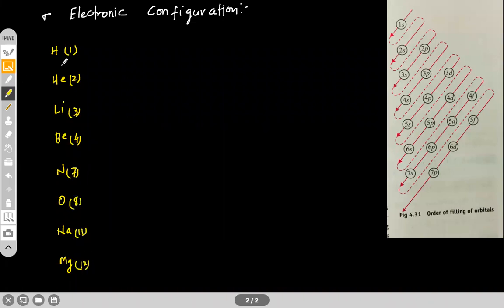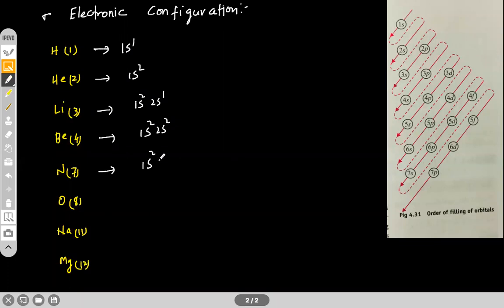Right. So if you write down the electronic configuration in this order, that would be 1s1. This is 1s2. This is 1s2, 2s1, 1s2, 2s2.